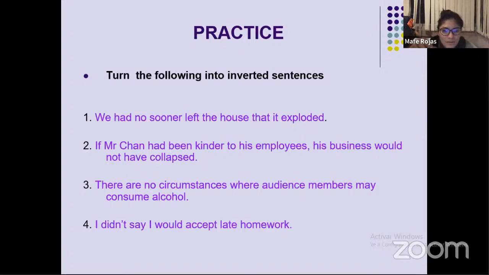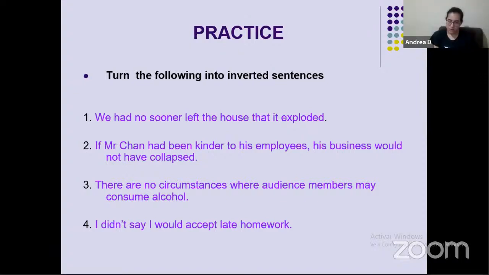If I use never said I will accept late homework, because never is like the negative of didn't.